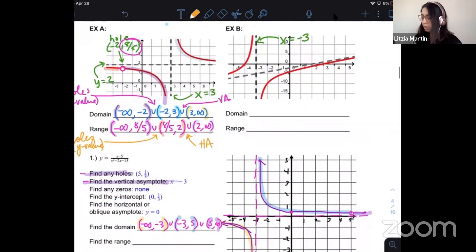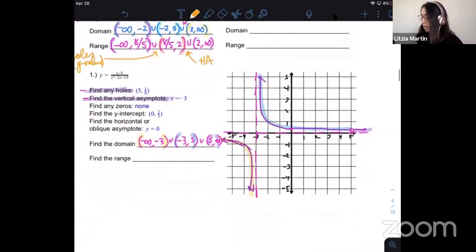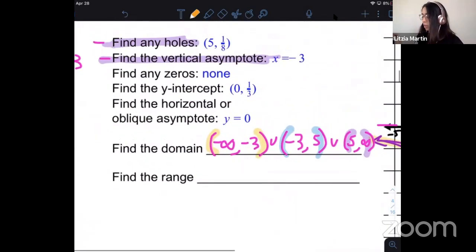So going to example 1 here, again, let's not look at the graph. We're going to do this without using the graph. We're going to write out the range. So that means we need to find the holes and the horizontal asymptote. So in this case, our hole has a y value of 1/8.